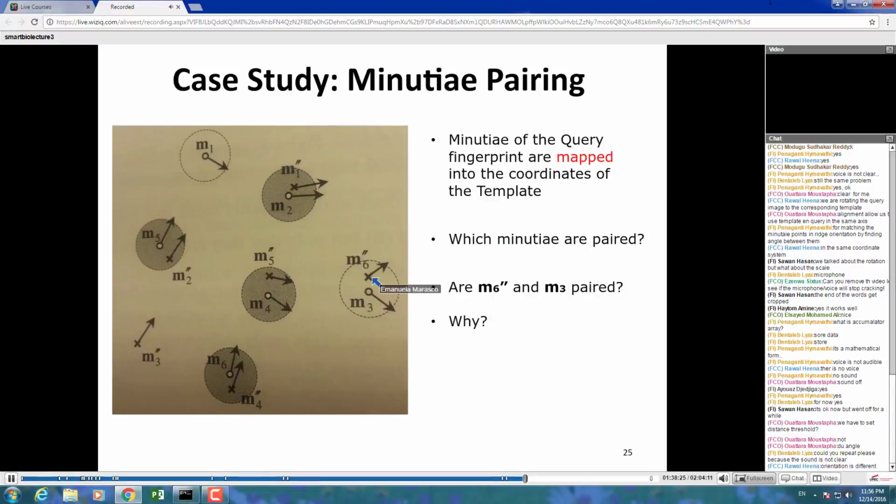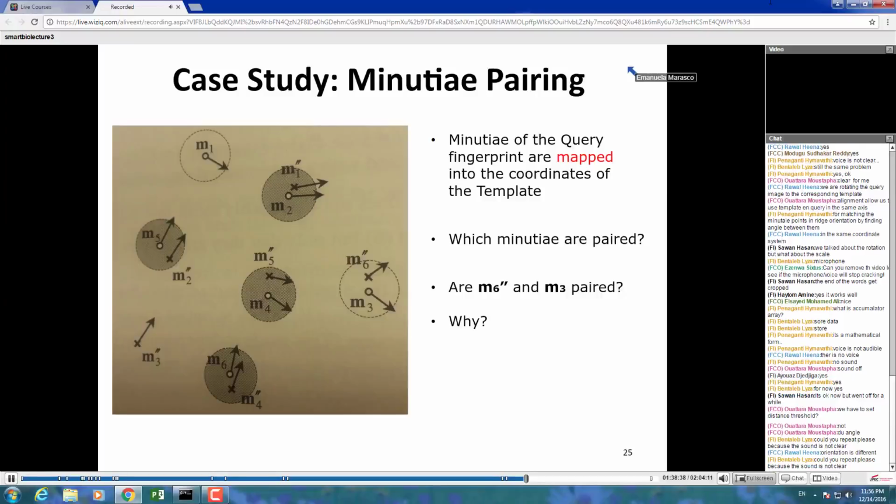The pairing of minutia here is determined based on the distance between the minutia, which should be less than a distance threshold, and the difference in orientation, which should be less than an angle threshold.